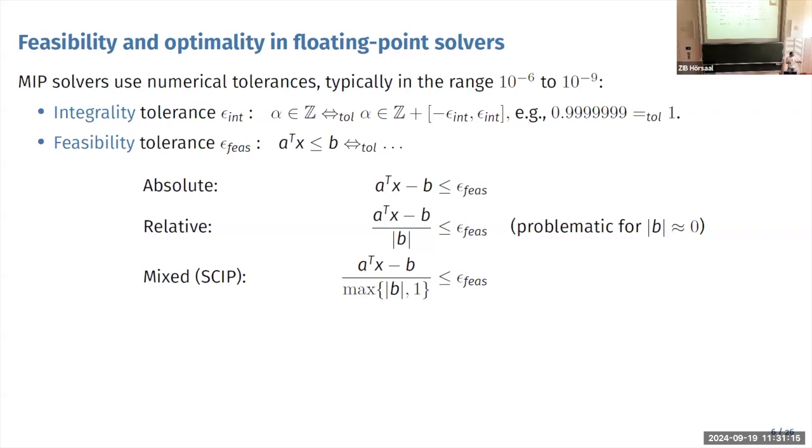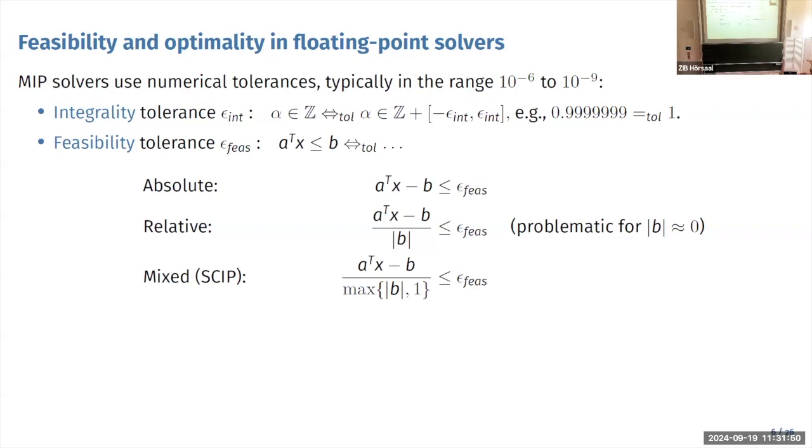Express does, I think. No? But of course, this is related to how you scale your model. So you will notice that if you multiply the constraint by a factor, then actually the definition of what absolute feasibility or feasibility in absolute tolerance means changes, right? If you scale this up, then you will have a violation more quickly, right?